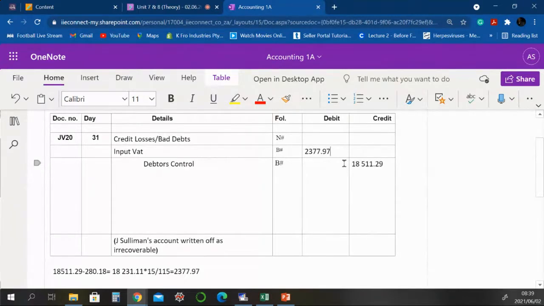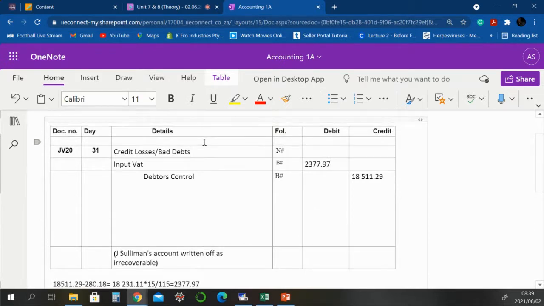So we're then going to say this 18,511, minus the 2,300 and something. Let me actually do that in brackets over here. I'm just going to put brackets there.